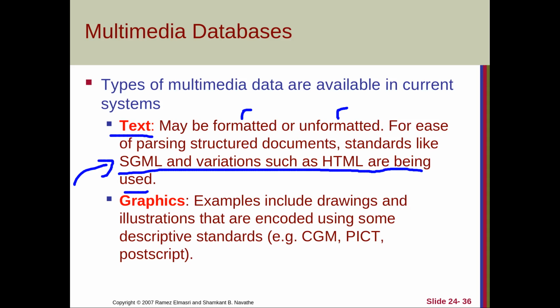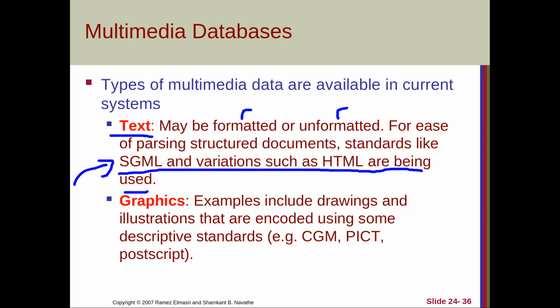One is formatted and the second one is unformatted. If you are using HTML, we can say that the text is formatted using the support of Standard Generalized Markup Language or HTML, so that the text can be displayed in a proper format. Whenever we access a website, different types of text are displayed there.